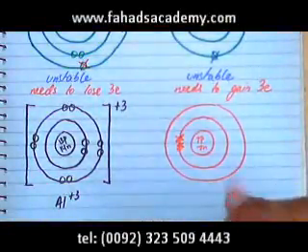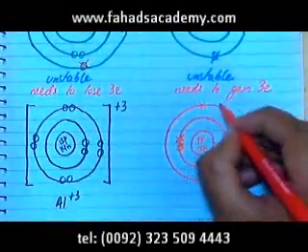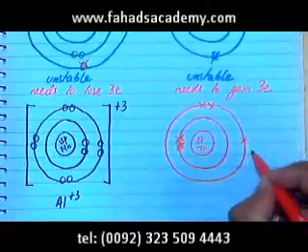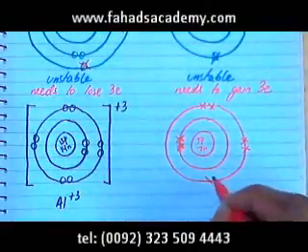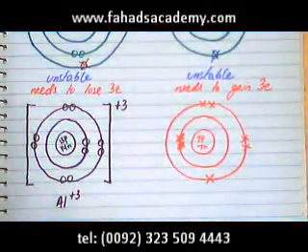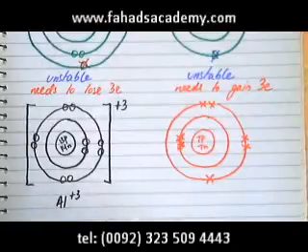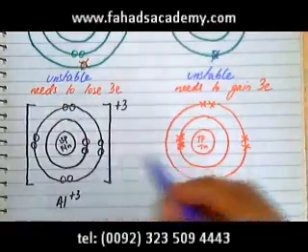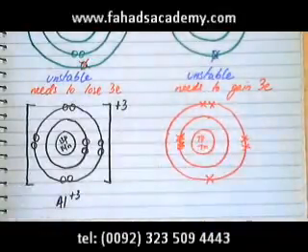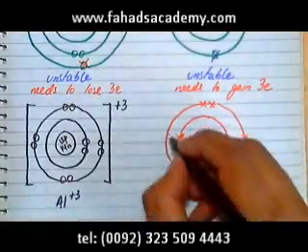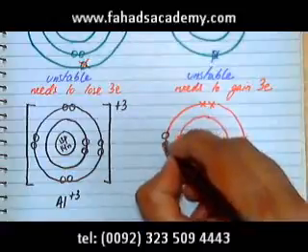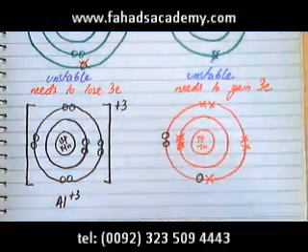So it has 2 electrons in its inner shell, and it has 5 electrons in its outer shell. And since nitrogen needed 3 electrons, the electrons that were lost by aluminium would be gained by nitrogen. So nitrogen ends up gaining those 3 electrons that were lost, and now nitrogen has a stable electronic configuration.